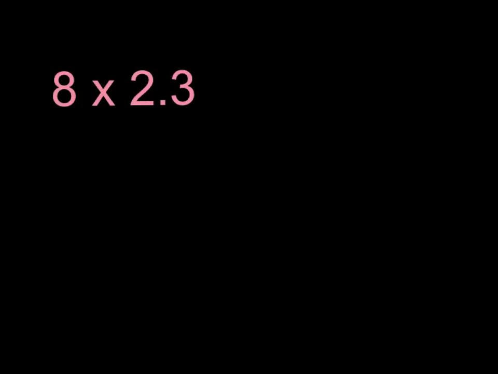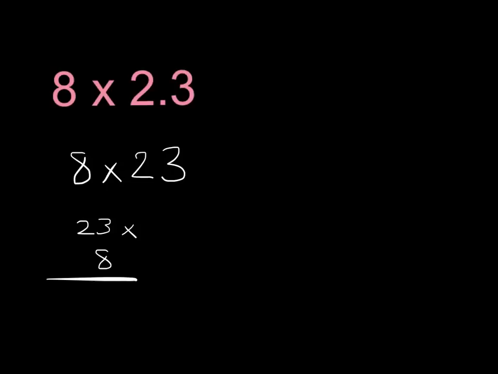One final example on multiplying decimals. Here I have 8 times 2.3. So again, I need to ignore any decimal places, so I've got 8 times 23. I need to work out this sum, so let's work that out here. 23 times 8. 3 times 8 is 24, carry the 2. 2 times 8 is 16, plus the extra 2 is 18.